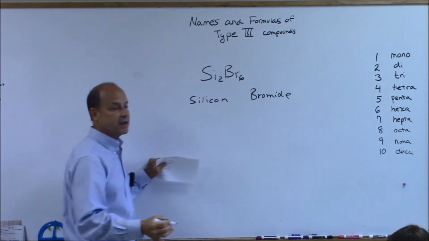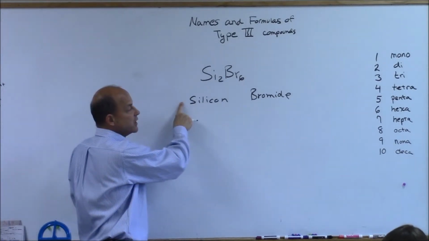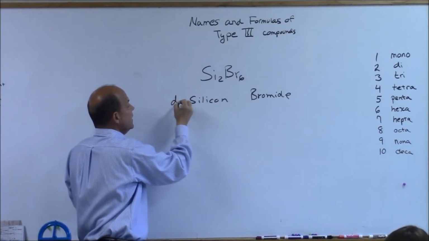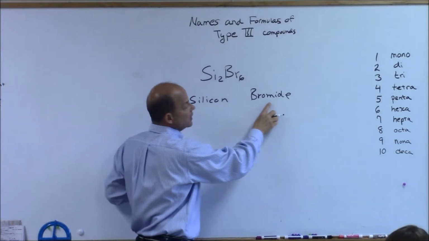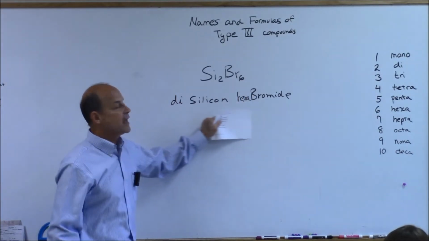And now you haven't said anything, you're good. But you're thinking of the prefix for silicon. And if you're thinking di, that's good. And if you're thinking hexa, that's good too. Disilicon hexabromide.